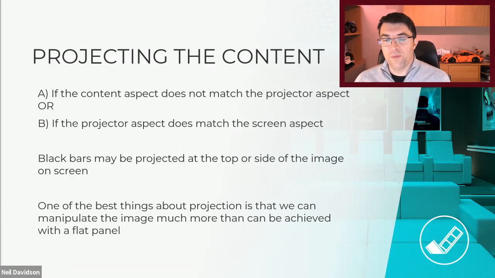Now, typically clients don't like black bars, unused space. And one of the best things about a projection system over a flat panel system is that we can manipulate the image much, much, much more. We have lenses, we can do things to the image to change the shape and optimize the display of an aspect ratio.